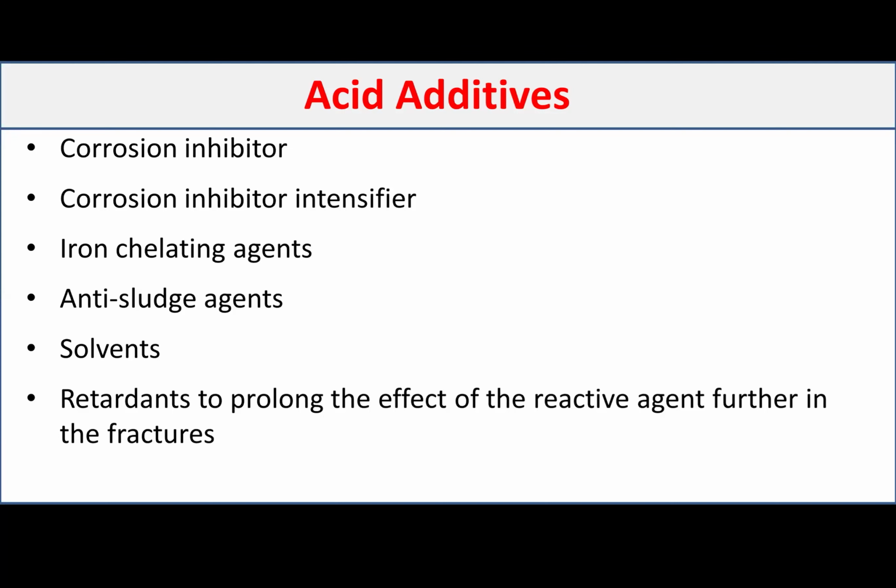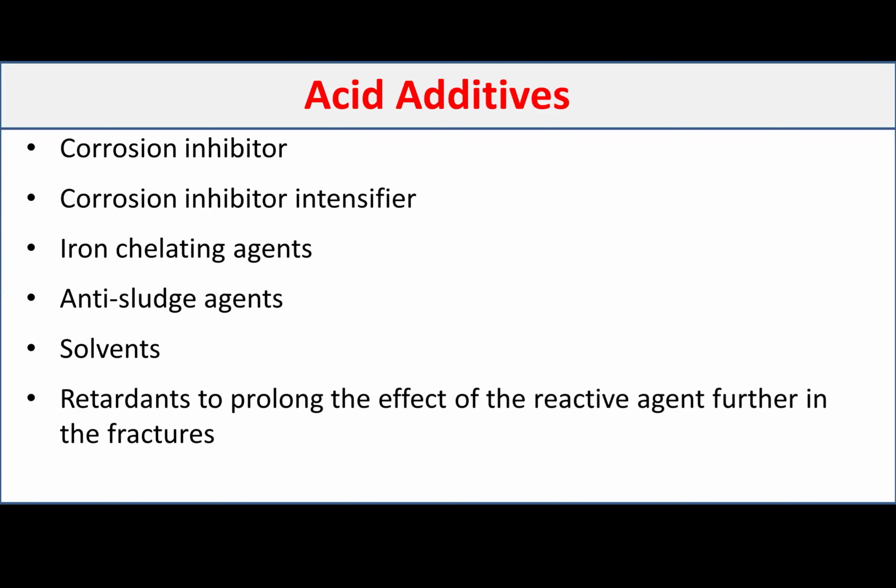Iron control agent is usually one of the popular systems, especially if you are expecting a higher corrosion rate. Corrosion means you are corroding the pipe, and the pipe is steel, iron. So you need some sort of chemical that will keep this iron in solution and not precipitate. Anti-sludge agent: if you have asphaltene, it usually will form sludge, a very viscous, heavy material that will stain the oil and block your permeability.